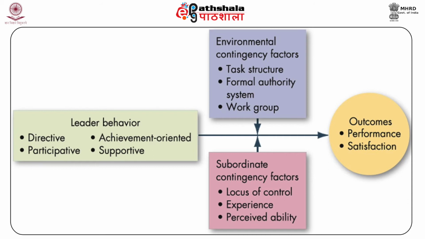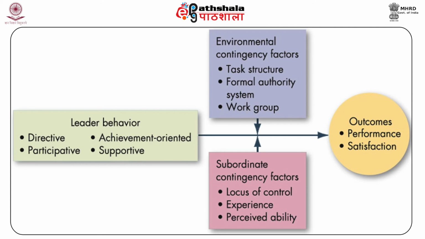First is the environmental contingency factors. These are those factors which are associated with the characteristics of work environment and are beyond the control of employees. These primarily include task structure, formal authority system and work group.